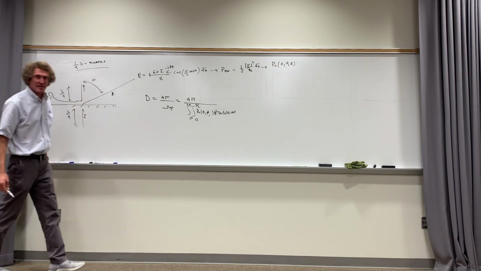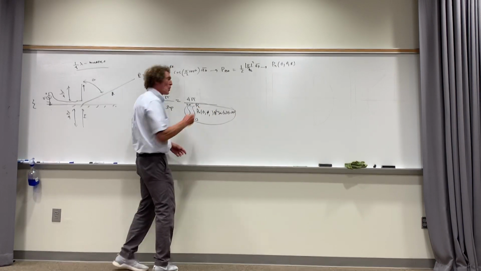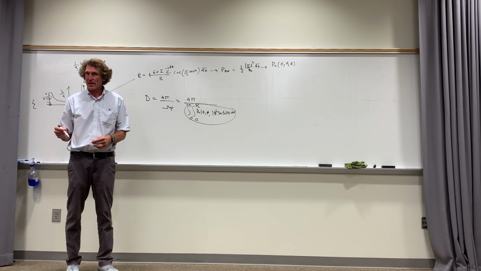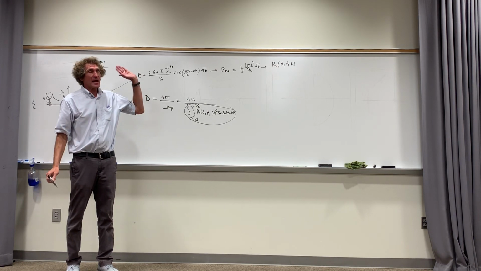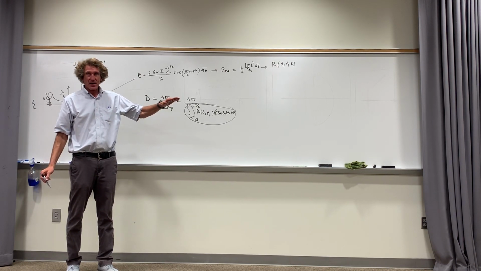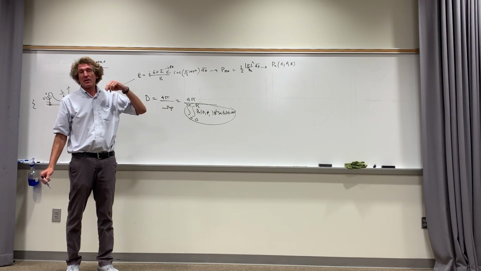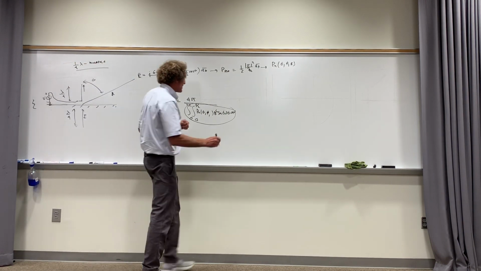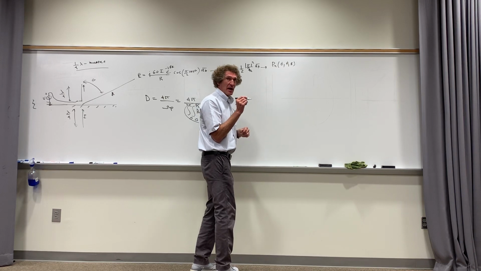But what does that automatically tell you? That this value will be 1/2 the value of a full half-wave dipole, won't it? You all agree? It has the same exact normalized power pattern, but it's radiating only half the space. So the integration is half the value of an actual dipole, which means this directivity is 2 times the directivity of a half-wave dipole.